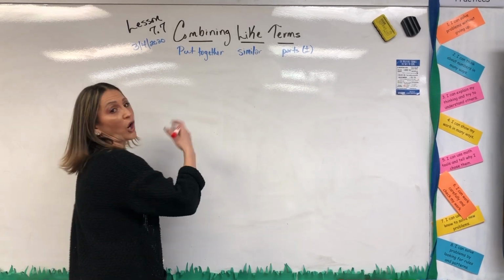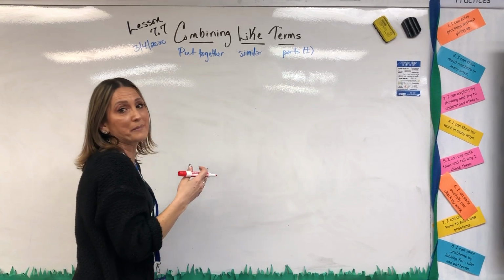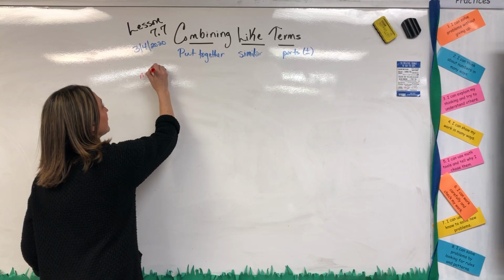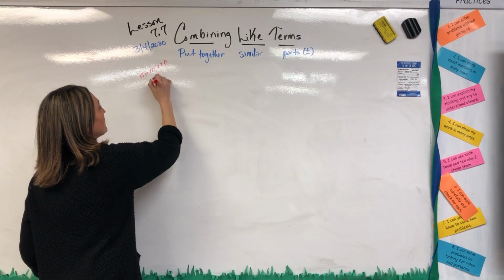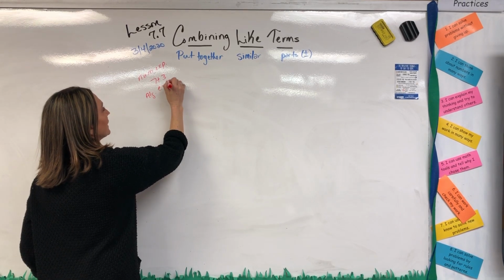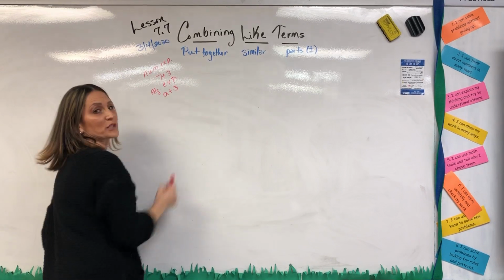So terms are what surround an addition or subtraction sign when we're thinking about algebraic expressions. Again, a numerical expression is all numbers, and an algebraic expression includes a variable, a letter, in that expression.